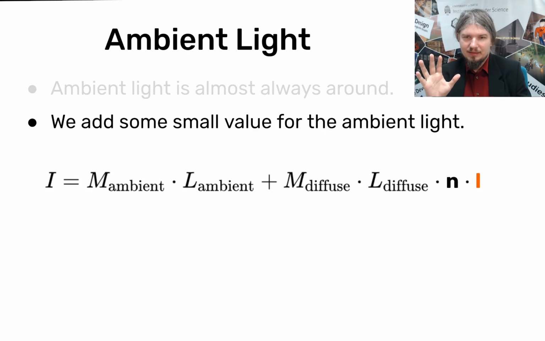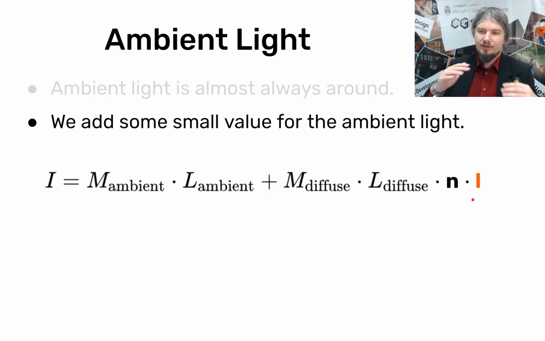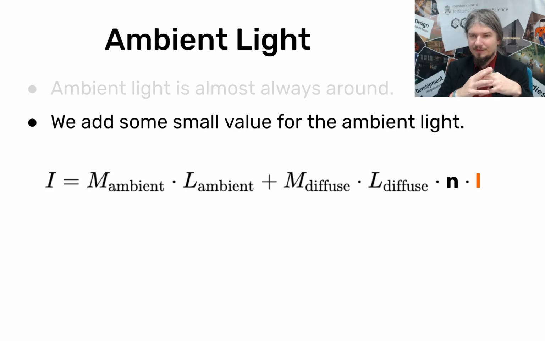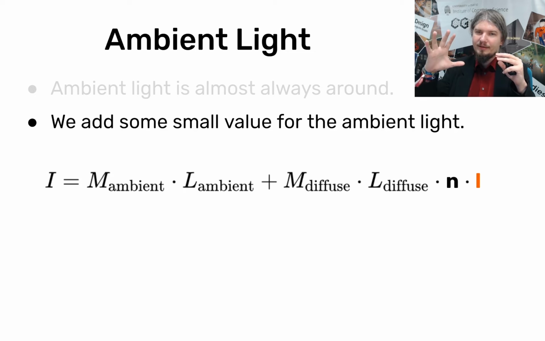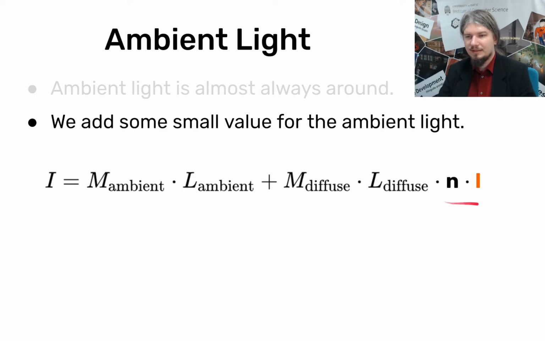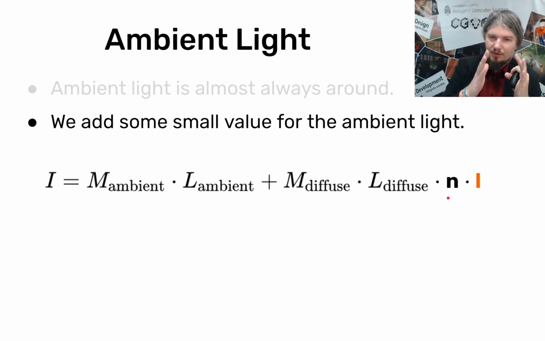When you implement this, you have to be a bit careful, because if you look back at the equation, we have this n.l, and while this n.l works very well if the light is directly shining on the surface, it does become negative when the light is at the opposite side of the surface. So what is usually done, and often this is not even written in the equation, is that this n.l, the cosine, is clamped to 0, which means you take the maximum of 0 and n.l. If it becomes negative, then it's 0.